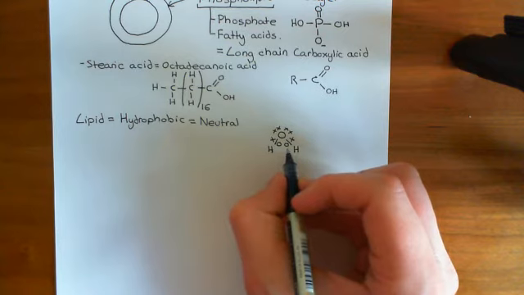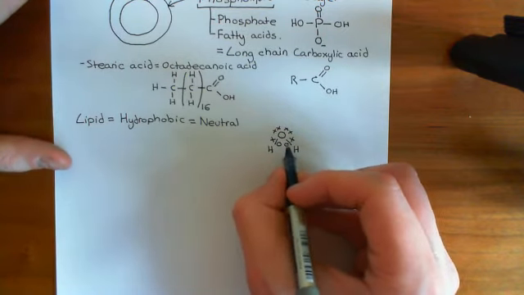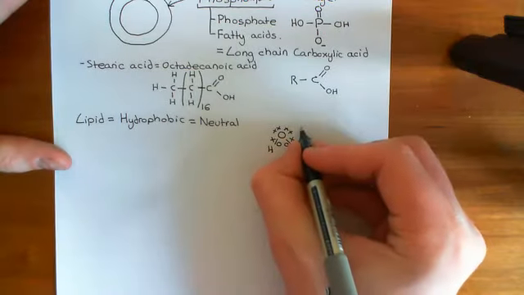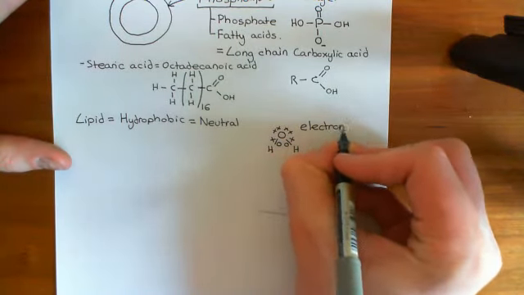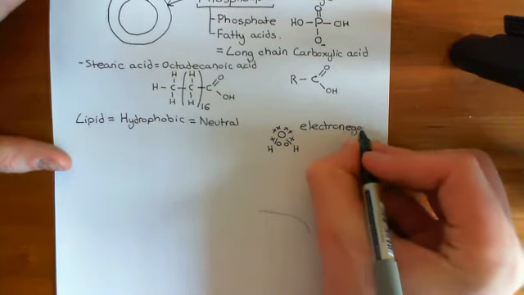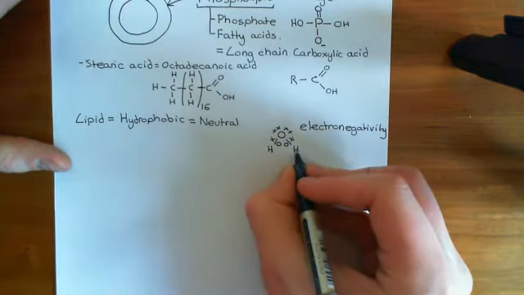Well, there is a fancy word that means how hard a nucleus will pull on electrons within covalent bonds like this, and it is electronegativity. So we would say that oxygen has a greater electronegativity than hydrogen.